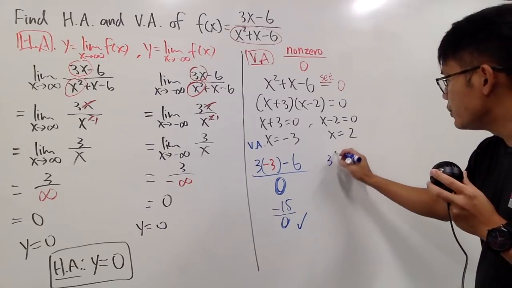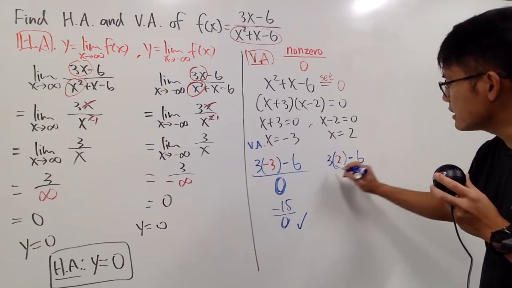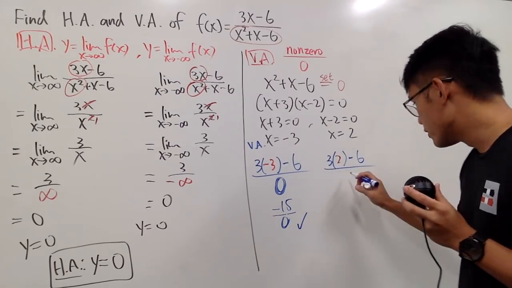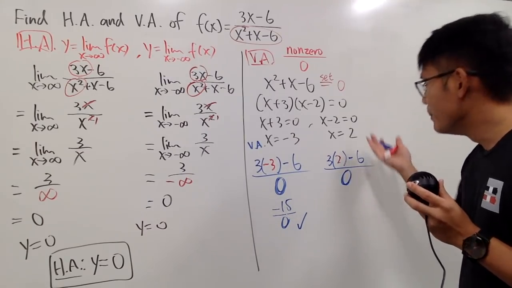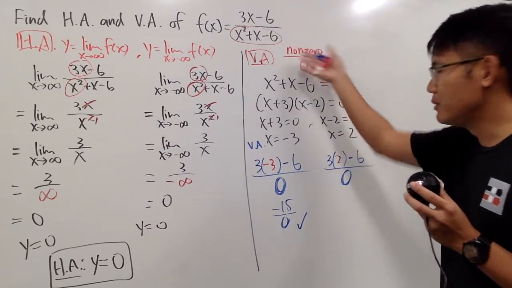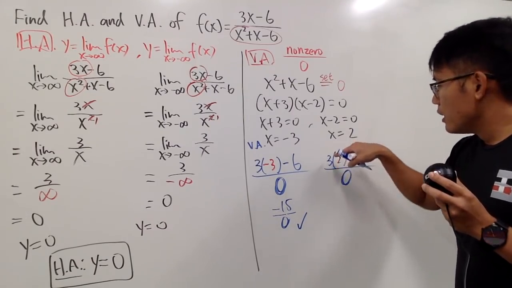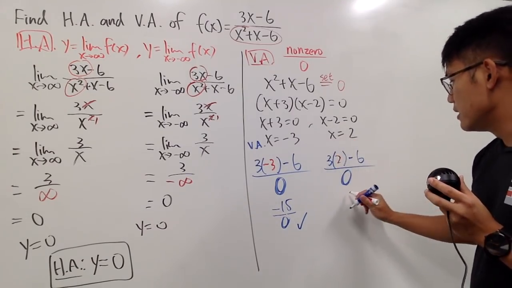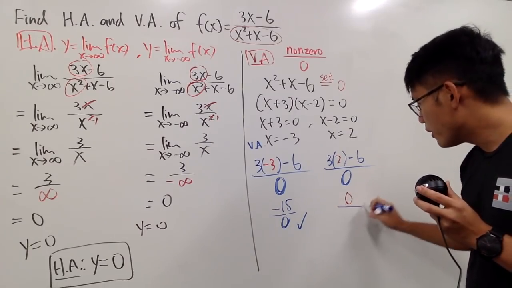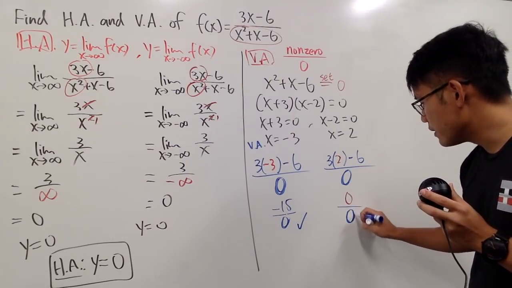On the other hand though, if you plug in 2 into the original function, we see that that's going to be 3 times 2 minus 6 over what? Over the 0. Why? Because you already solved that. But on the top, this time, 3 times 2 is 6, minus 6 is 0, over this 0 that we already have.